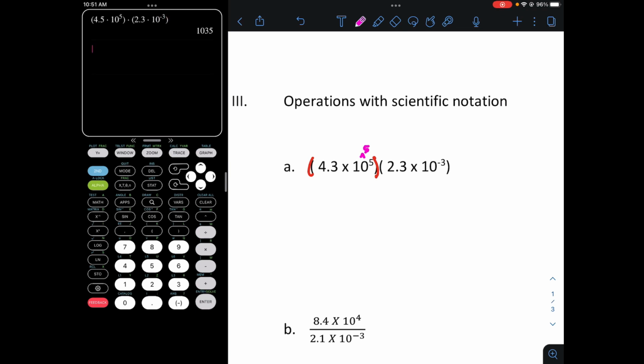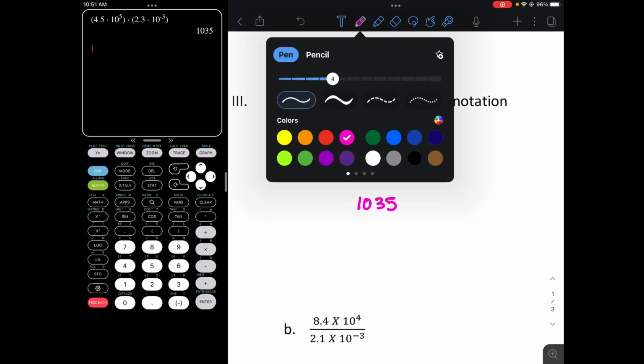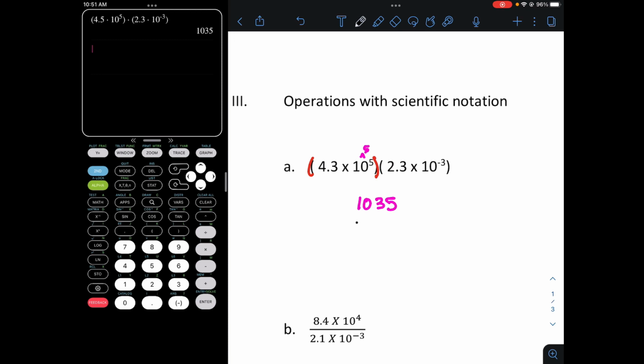Hit enter, and we get 1035. If you want to be fancy, you could do 1.04 times 10 to the 3rd. But as long as you're getting around those numbers, you're doing the right thing.